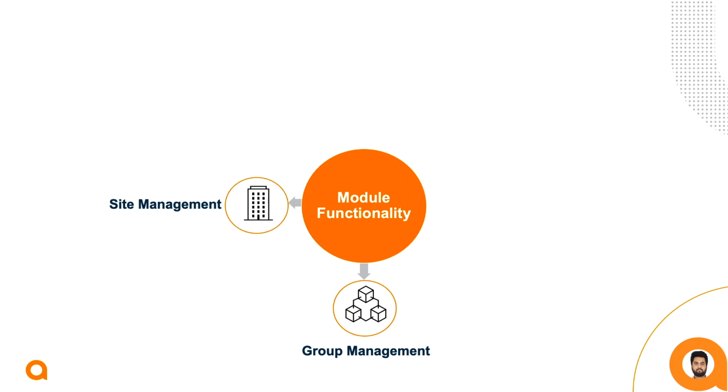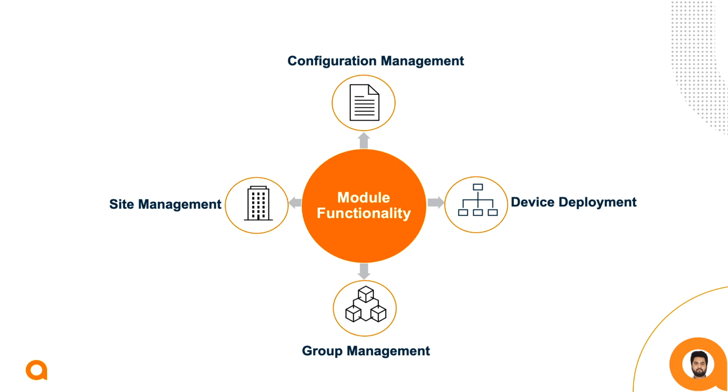Site management, for managing creation, deletion, and modification of sites, which are used to combine devices as a physical location. Configuration management, for managing device configuration and modifications using Central's templates and variable files. Device deployment, for moving devices between groups or from Central's device inventory to a pre-assigned group, as well as fetching device configurations.